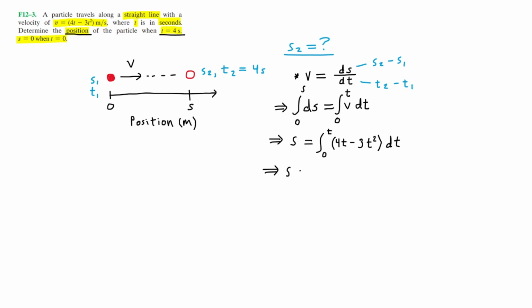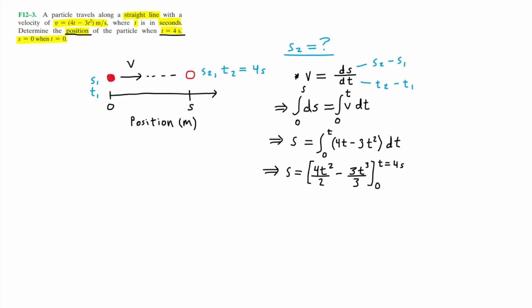So simplifying this, we have s equals 4t squared divided by 2 minus 3t cubed over 3, which is defined from the boundary 0 to t, which in this case t equals 4 seconds. So here think of it as t1 equals 0 and t2 equals 4.